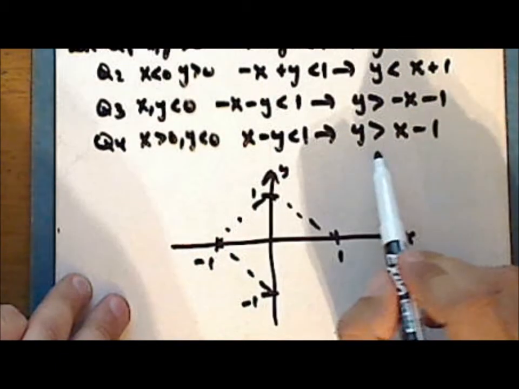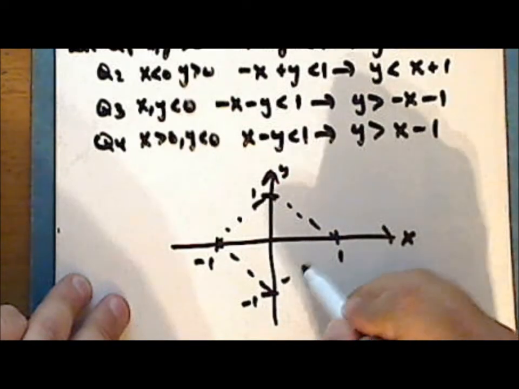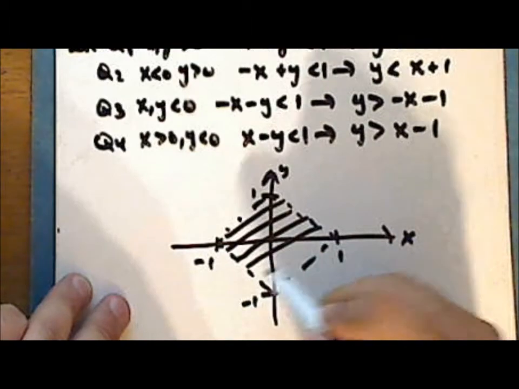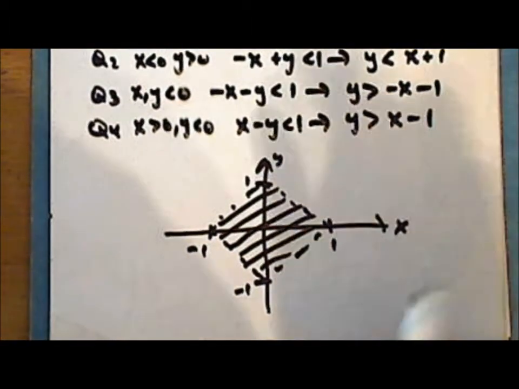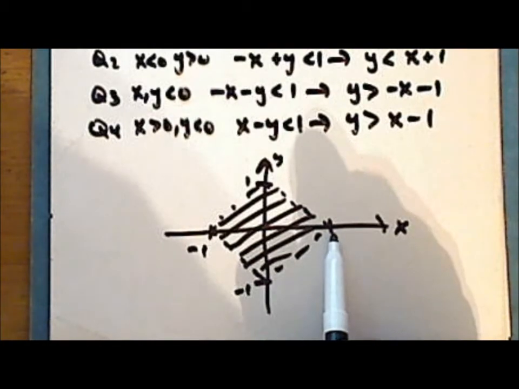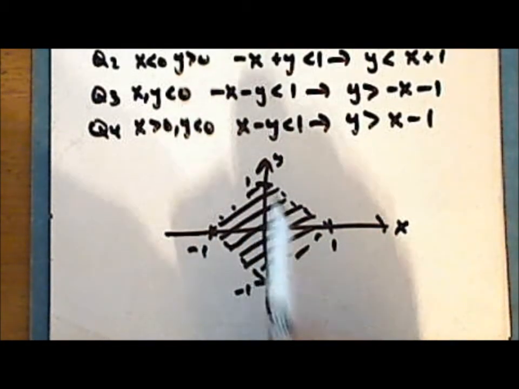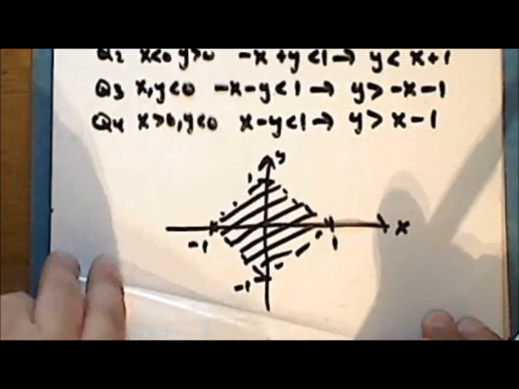And in the fourth quadrant, we have everything above the line x minus 1. So this is the interior of the square region whose vertices are (1, 0), (0, -1), (-1, 0), and (0, 1). All right.